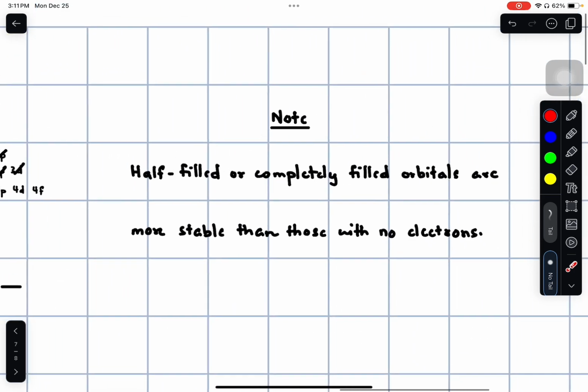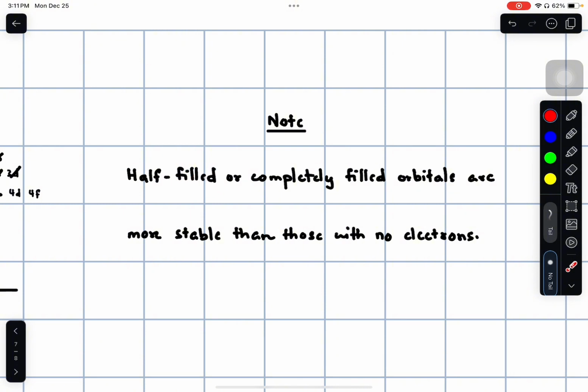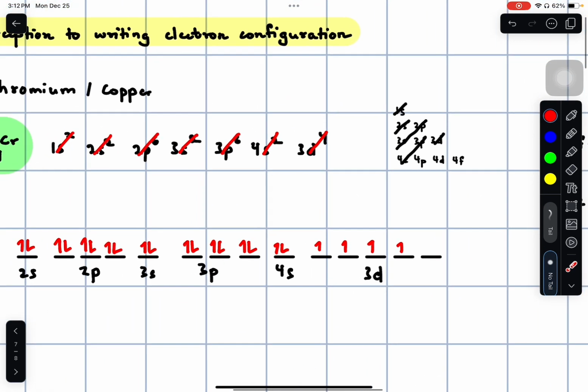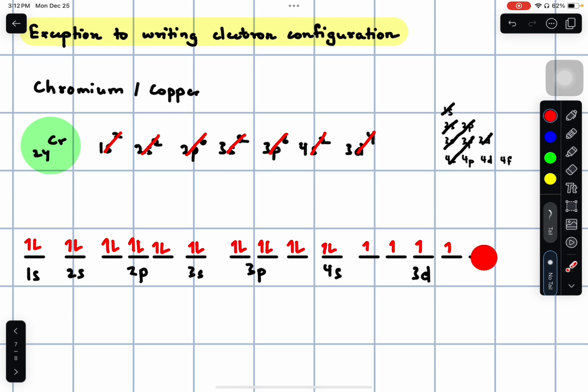So the rule here is that the half-filled or completely filled orbitals are more stable than those which don't have any electrons. Now we have atomic orbitals here that don't have any electron, and that's why one electron from 4s is going to have to go over there to make it two half-filled orbitals. Take a look at this.